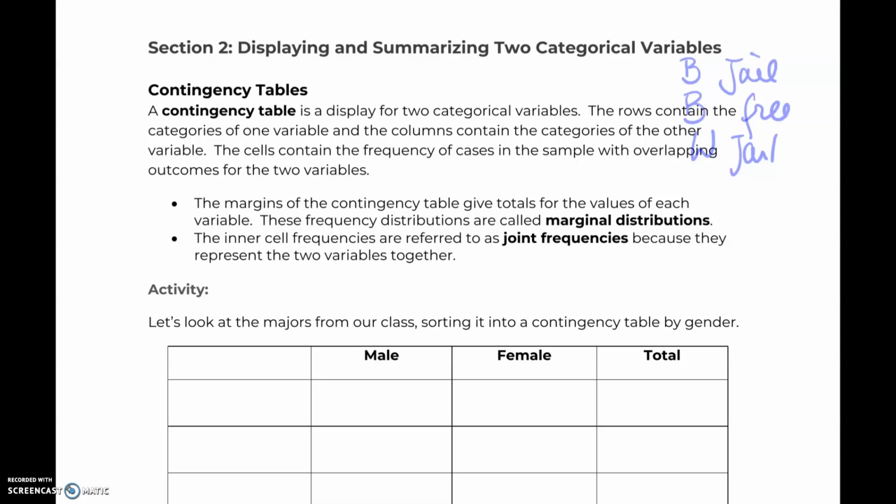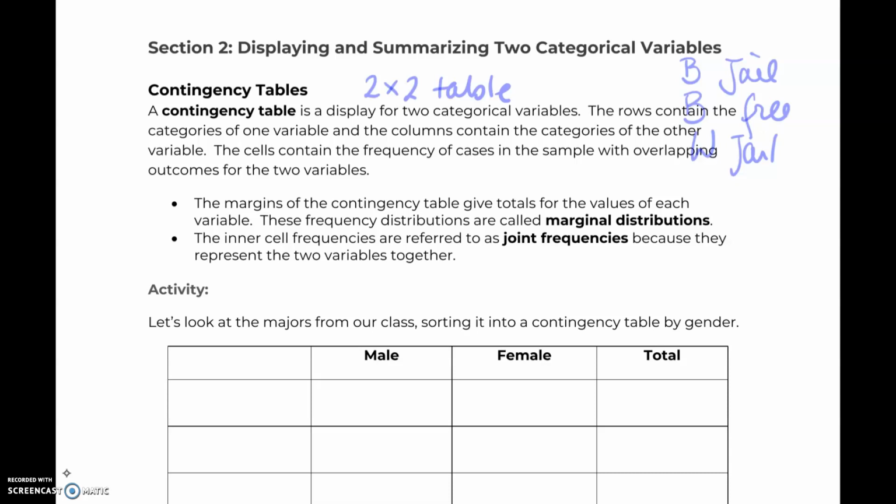Sometimes we use contingency tables that have exactly 2 outcomes for each of our variables, in which case you'll see a 2-by-2 table. But oftentimes there's more than 2 outcomes. So a contingency table encompasses any number of categories in each of those variables.